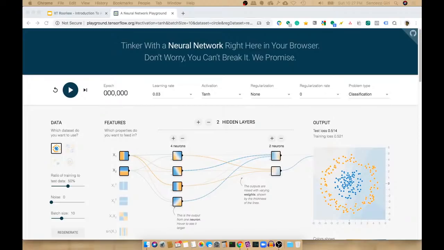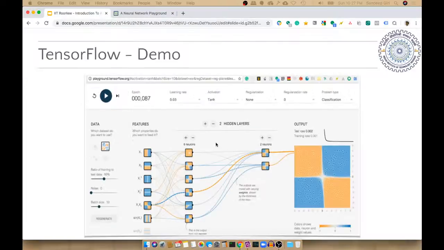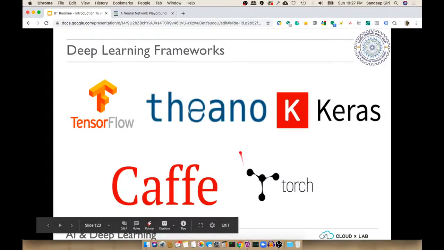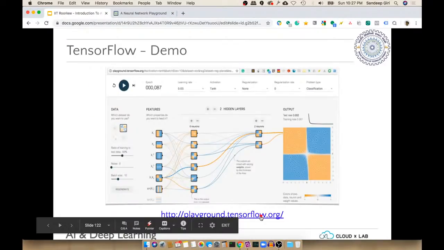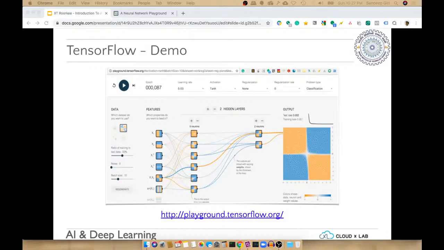I'm not able to post it for whatever reason, I'll just share this link with you. Try it out and you will see that it is able to do wonderful things.